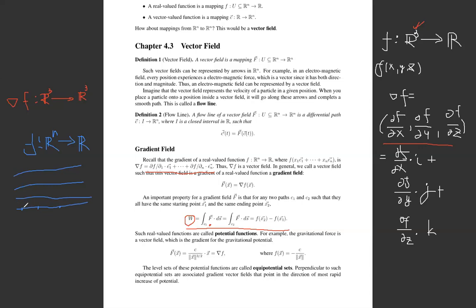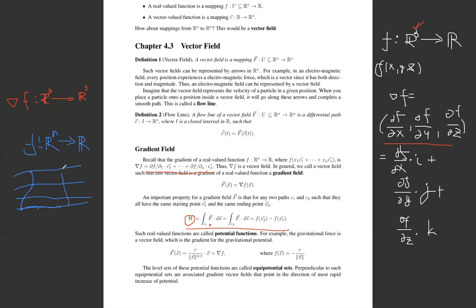If you move along this path, gravity doesn't do anything at all. The gravitational force doesn't do any work. However, if you move along this path, meaning you change your altitude, the gravitational force will do some work, and you experience some sort of push by the gravitational force.